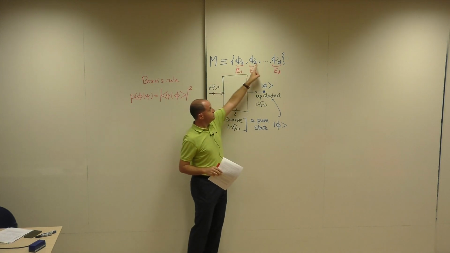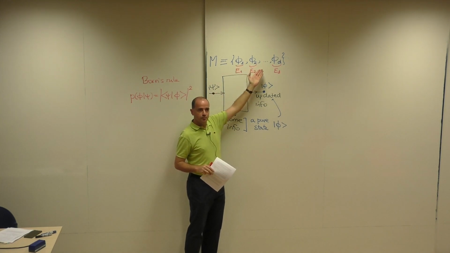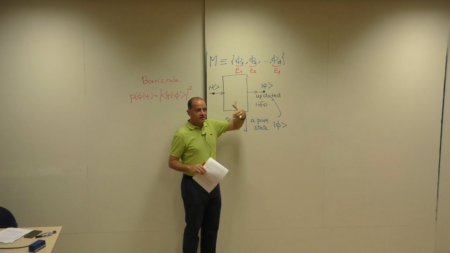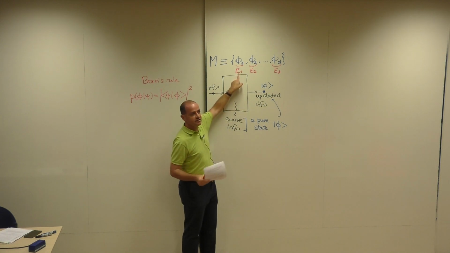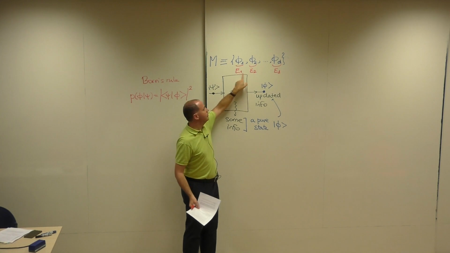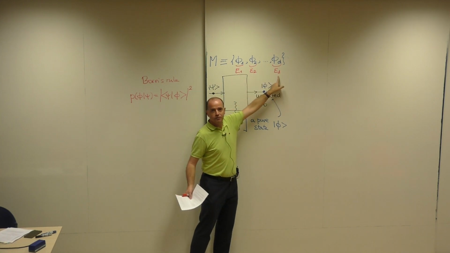So these are vectors that describe the properties of the system, but actually these vectors in particular represent, for instance, in this example, a situation where the energy has a given value, 1 electron volt, 2 electron volt, 7 electron volt.